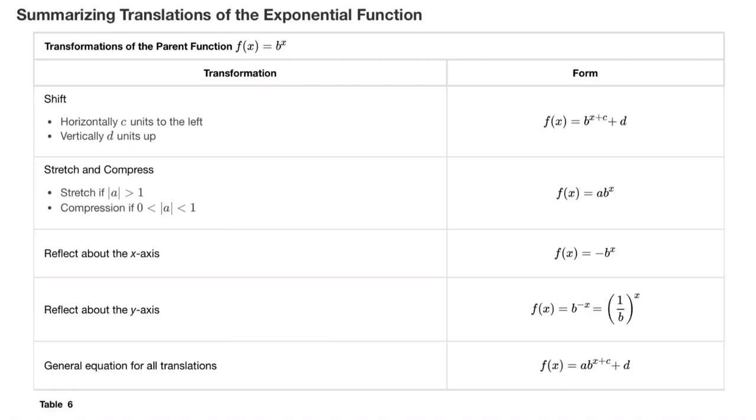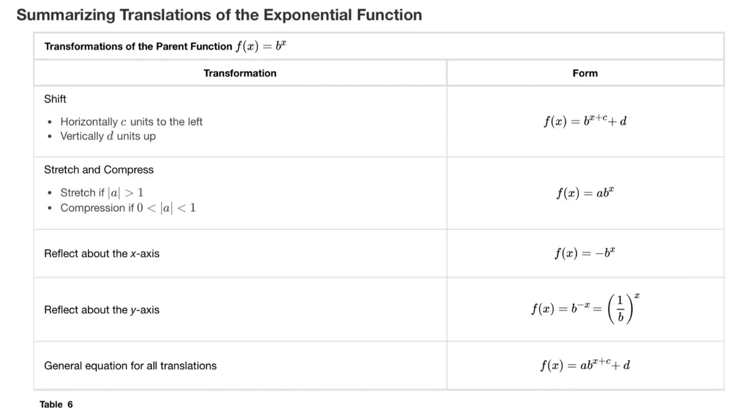If we multiply the inside by a number larger than 1, that's actually going to cause a horizontal compression. Again, that's the reverse of our intuition. We're multiplying by something larger, it causes it to shrink horizontally. If we multiply the inside by a number between 0 and 1, that causes a horizontal stretch by that many factors of that term.